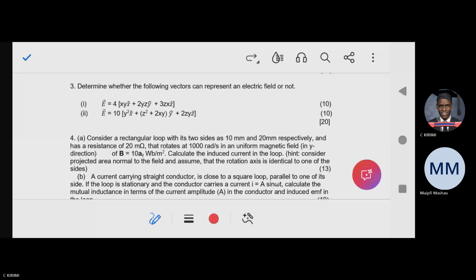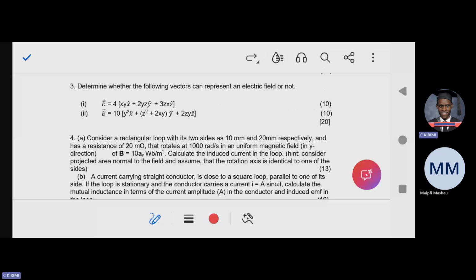So that loop with two sides of 10 millimeters and 20 millimeters respectively, and a resistance of 20 milliohms, rotates at 1000 radians per second in a uniform magnetic field. We've been told that this magnetic field is only in the y direction.